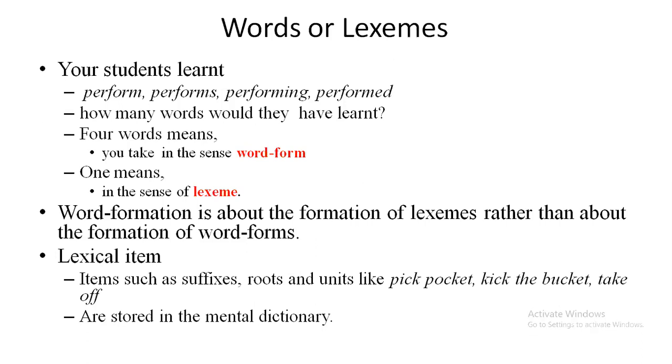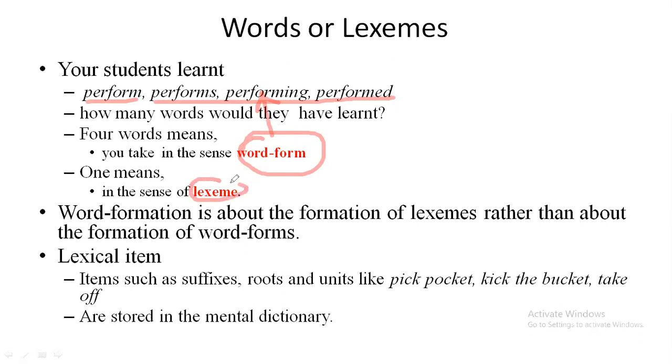Are you confused or are you convinced on this issue? Word versus lexemes. Did you get the concept? I said already also. Words means different forms of word, for example, this, right? You can take this word form. This means word form.